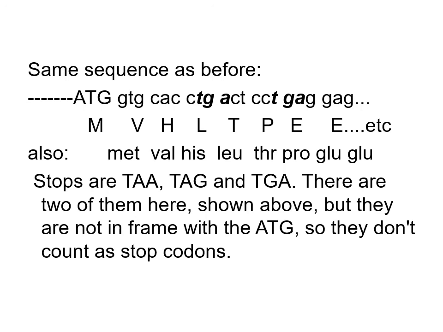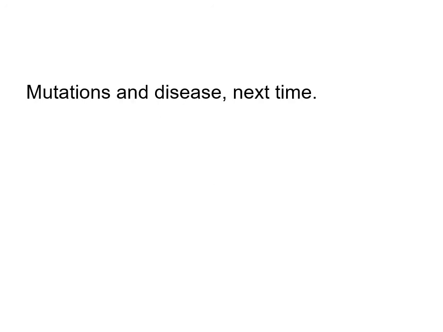Now, this makes you think about frameshift mutations, however. Those stop codons make you think about what can cause disease, remembering the possibility of frameshift mutations. If you add or delete a few nucleotides from the DNA, which ends up being part of the RNA, which ends up being translated as a protein, you're going to start bringing some of those out-of-frame stop codons into frame and causing the protein to stop at that point.